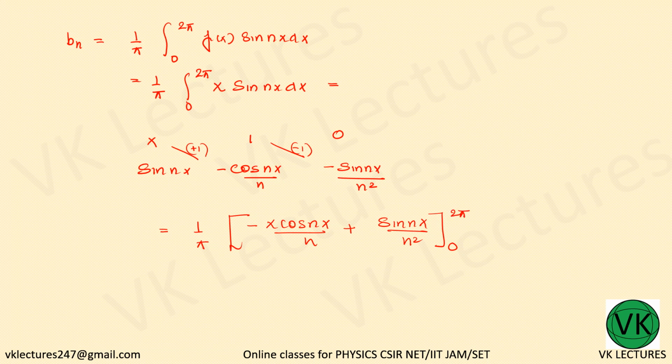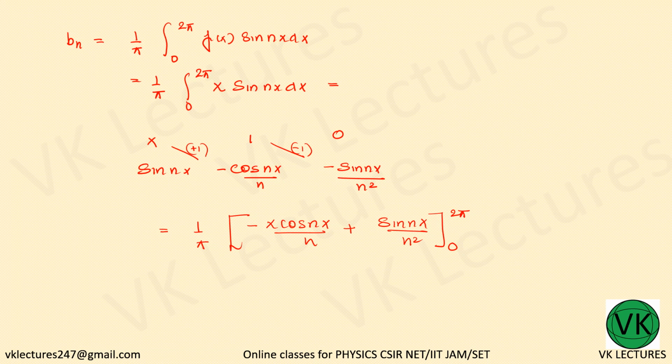So the sine terms from 0 to 2 pi go to 0, and here we have only the first term, minus x cos nx by n. Since it is minus, go with the upper limit minus the lower limit; at x equals 0 the term is 0.